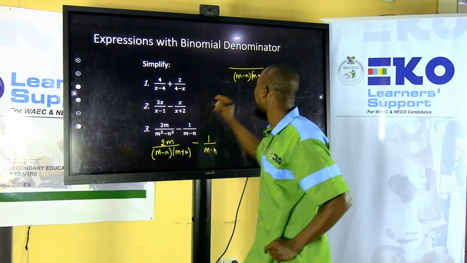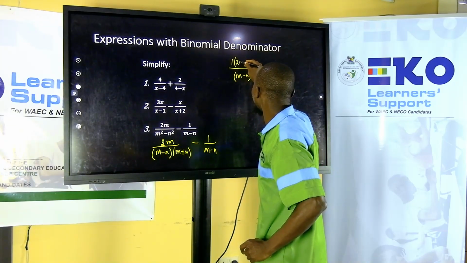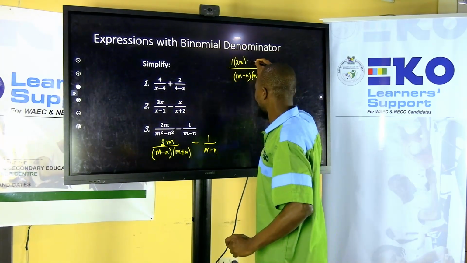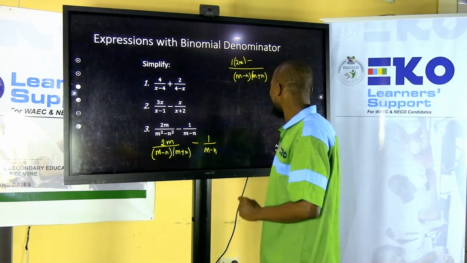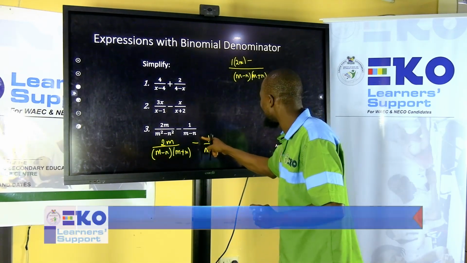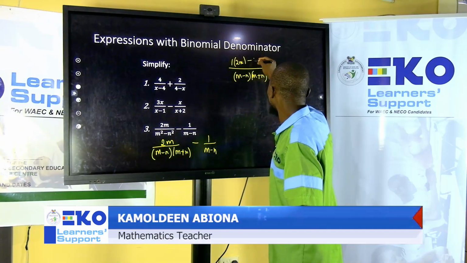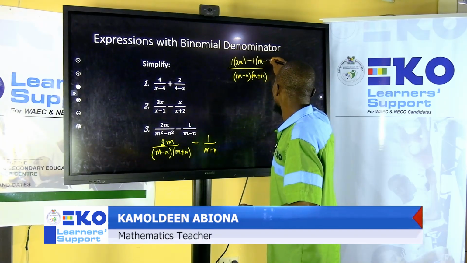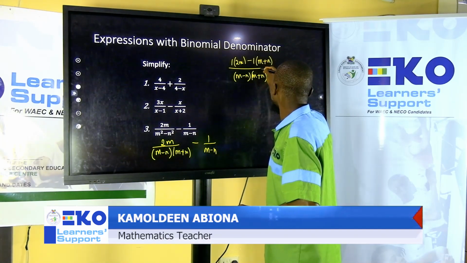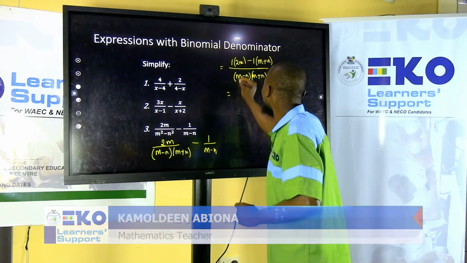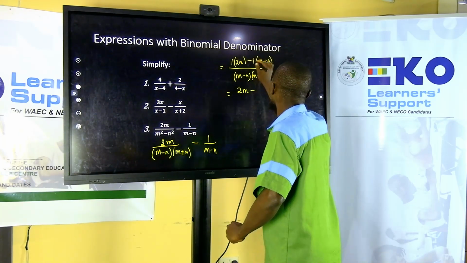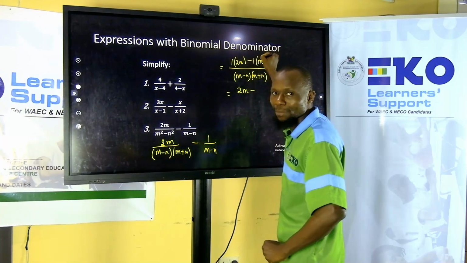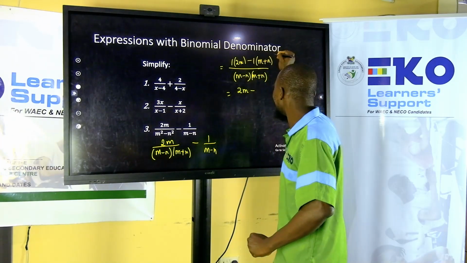We have 1 times 2m, minus m minus n, cancel m minus n, we are left with m plus n, multiplied by minus 1. So minus 1, m plus n. All right? So the next one is what? Let's expand. We have 2m minus, you have to be very careful whenever minus is multiplying the bracket.